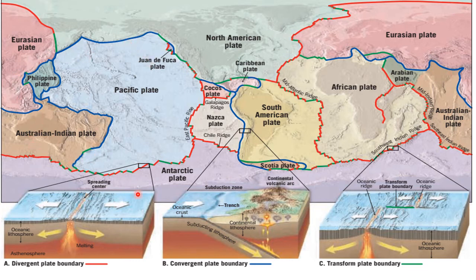And then we have transform plate boundaries, where two plates grind past each other without the production or destruction of lithosphere. The divergent and convergent plate boundaries each account for about 40% of all plate boundaries. So transform boundaries or faults account for the remaining 20%.